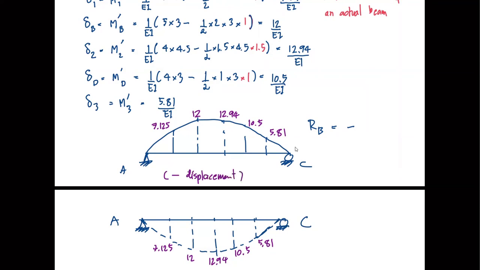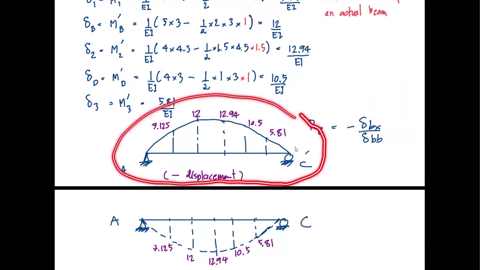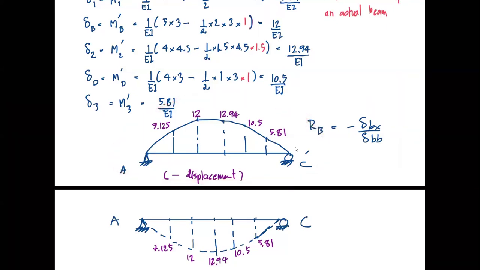And from the previous hour, which I'm not sure if you have forgotten, the reaction at B is equal to minus delta Bx over delta BB. So with the minus sign, this is the picture that you should use, and this is the picture that is going to be the shape of your influence line.